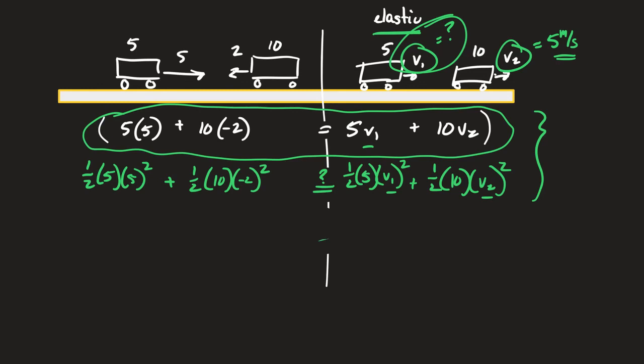If they're not equal, then it's not an elastic collision. And if they are equal, well, then it is. Do you see how I get to test the same thing, but now the problem becomes about a 2 to 5 minute question instead of a 10 to 15 minute question? So what you must understand is that an elastic collision has an equal amount of kinetic energy before and after.